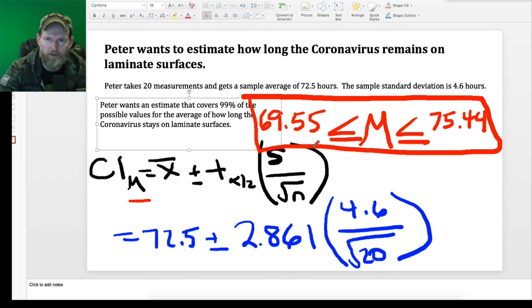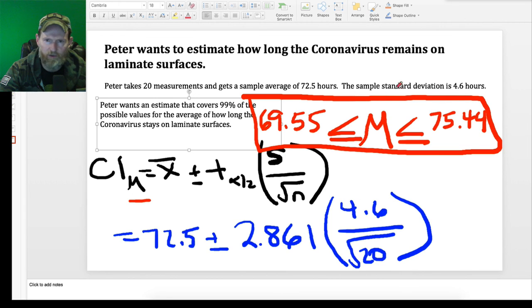That means that this interval captures 99% of the values for how long the coronavirus stays on laminate surfaces based on this sample information. Okay? It's not right or wrong.